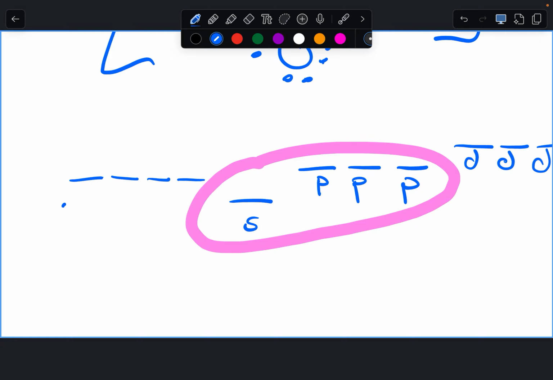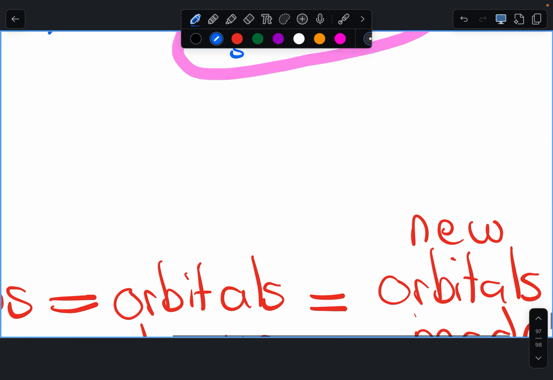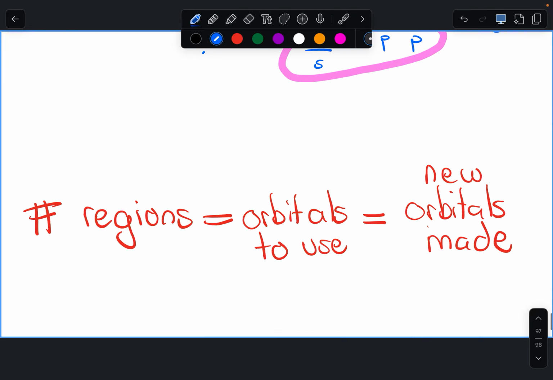The way we label these, the name we give them, however many you have, you're going to write that down as a superscript. So in this case, we used 1 S, we used 3 P's, and we used 0 D's. So I'm going to rewrite that as SP3.